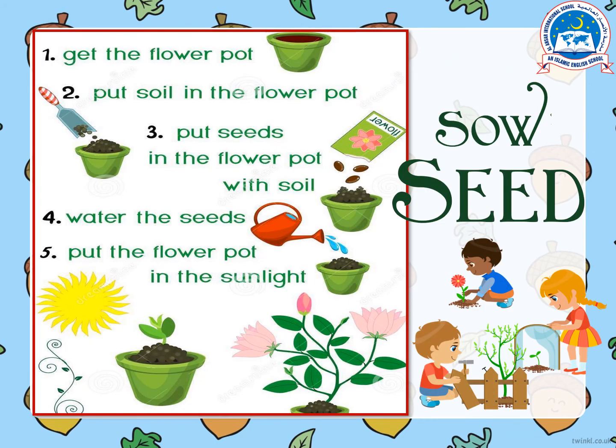First thing, number one, get a flower pot. Put the soil in the flower pot. Number three, you put the seeds in the flower pot with the soil. Number four, water the seeds. Put the flower pot in the sunlight.